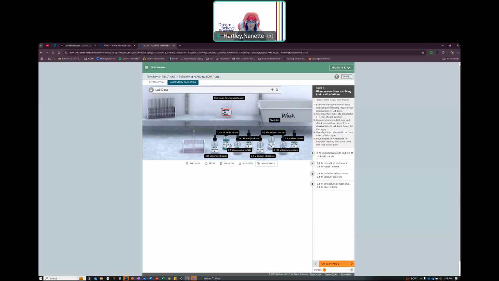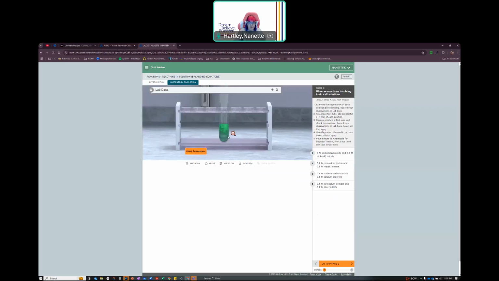Bluish. All right. So I'm going to mix, in a clean test tube, approximately 1 milliliter of each solution. So I'm going to mix this guy right here, and this guy right here, and I'm going to see what I get. What I see is that this is a greenish solution.